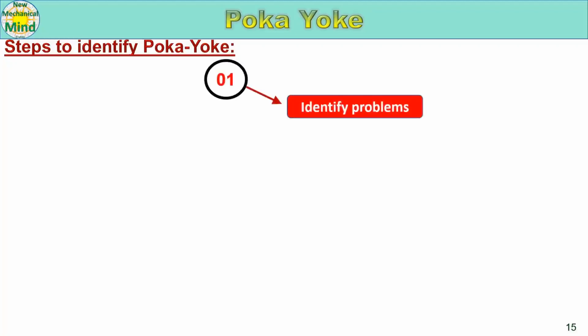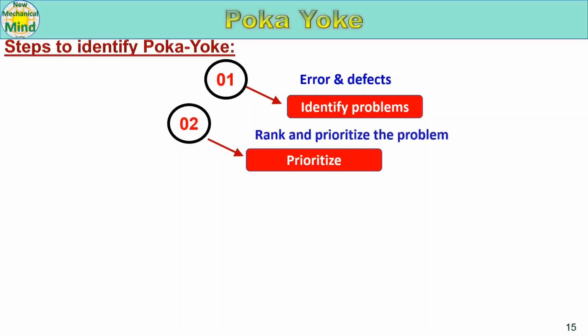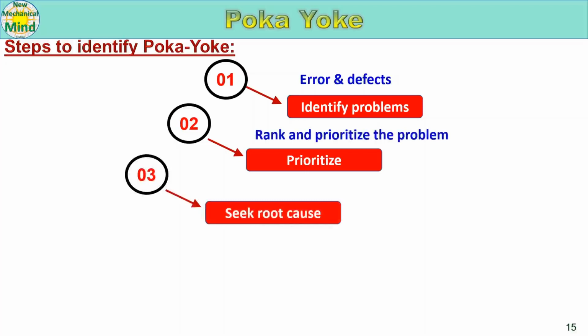Steps to identify Poka. Let us see the steps to identify a Poka. First, identify problems, errors and defects. Second, prioritize. Rank and prioritize the problem. Third, seek root cause. Why the problem occurred? Find root cause.